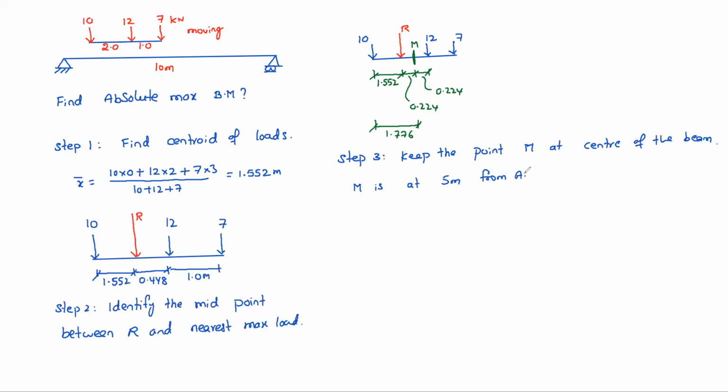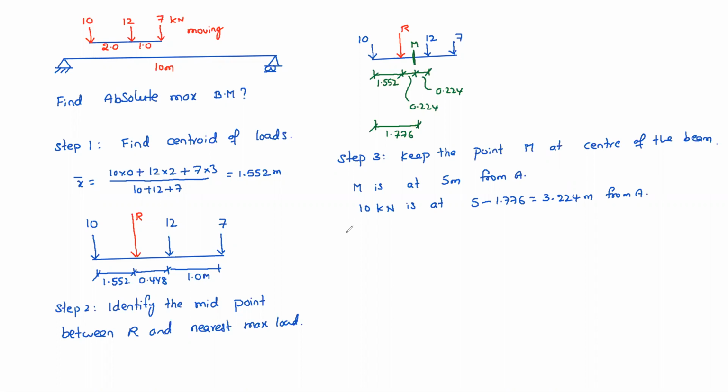So center means 5 meters, M must be 5 meters from A. M is 5 meters from A means 10 kilonewtons must be at 5 minus 1.776, that is 3.224 meters from A.